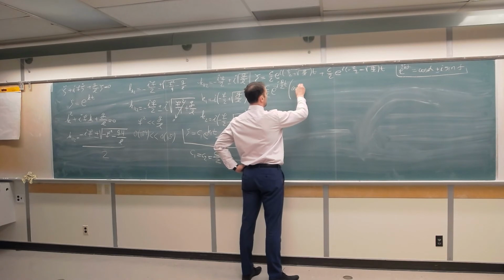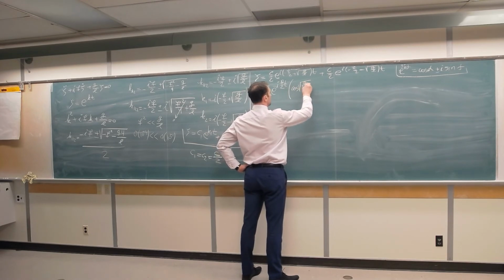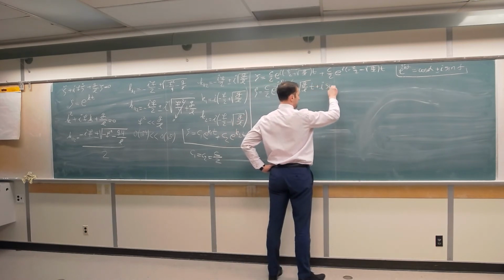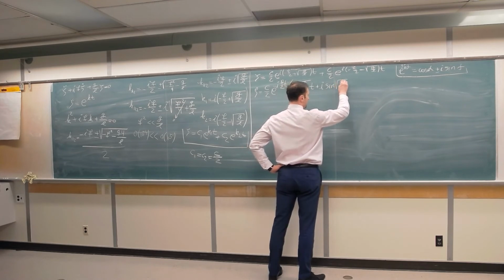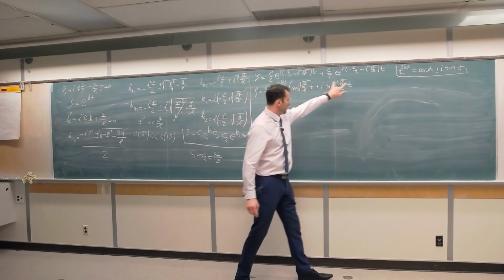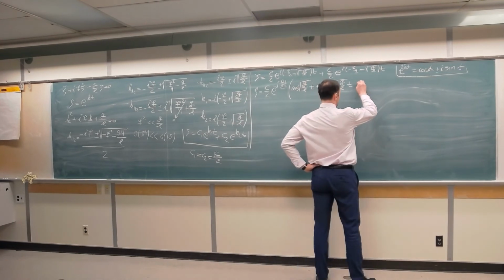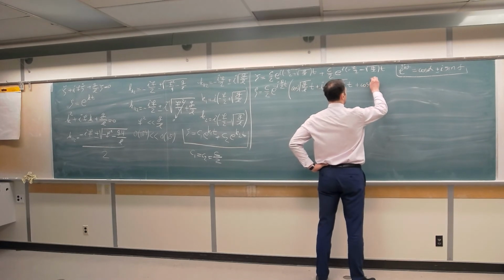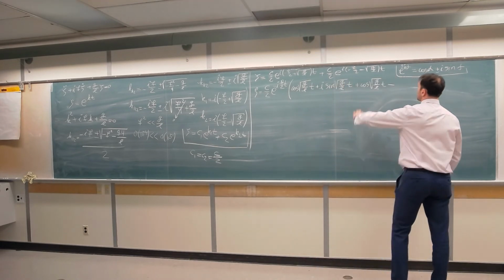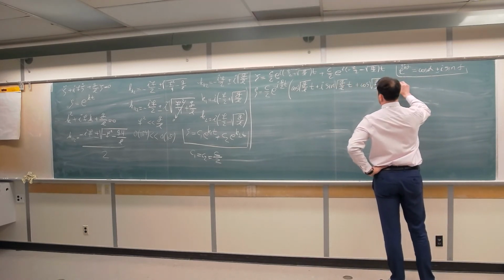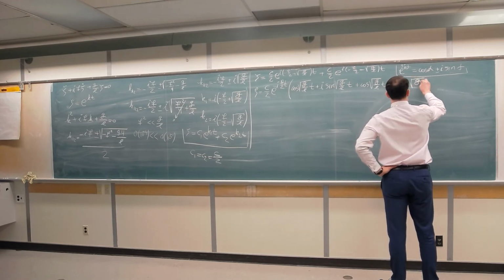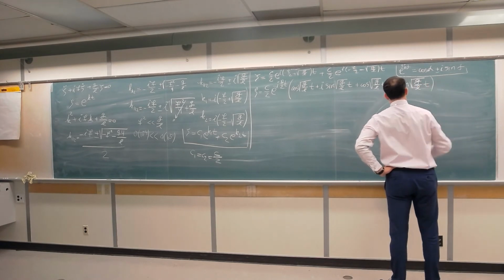cosine square root g over L times t plus i sine square root g over L times t. That is this term over here. And now this term over here will be plus cosine square root g over L times t minus, because of this minus, i sine square root g over L times t.